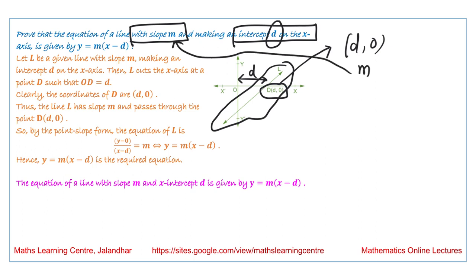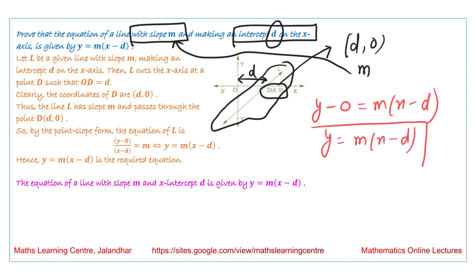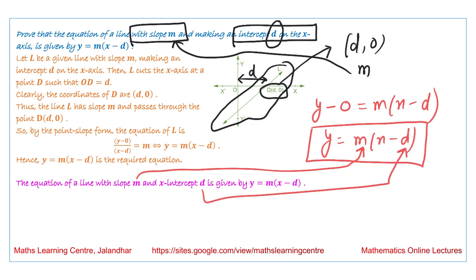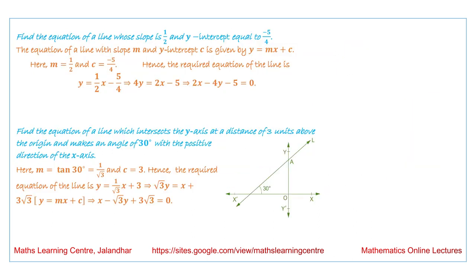So the equation of this line is y minus 0 is equal to m into x minus d. So we can write y is equal to m times x minus d. This is the equation of the line in slope intercept form, where m is the slope and d is the x-intercept that the line makes with the x-axis.